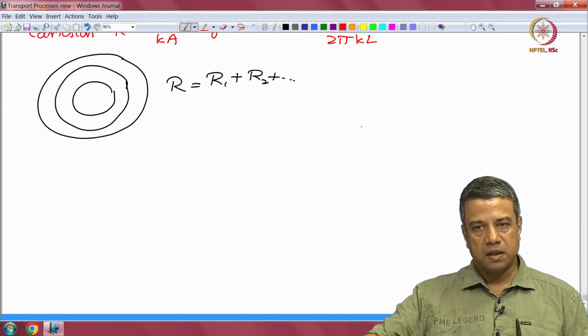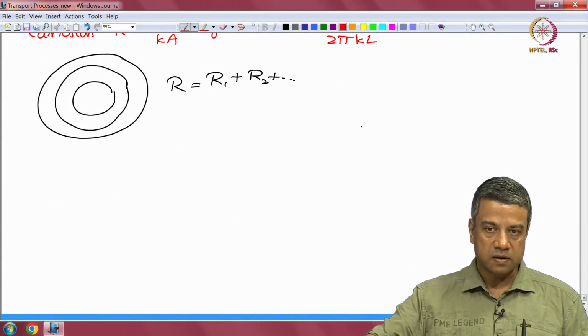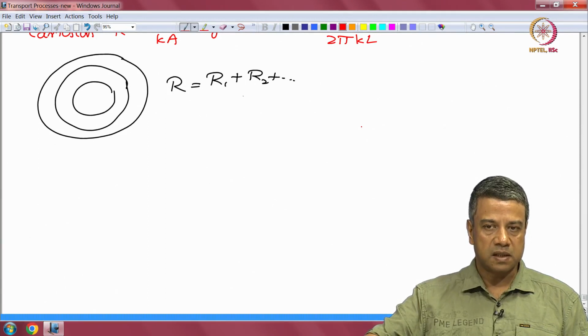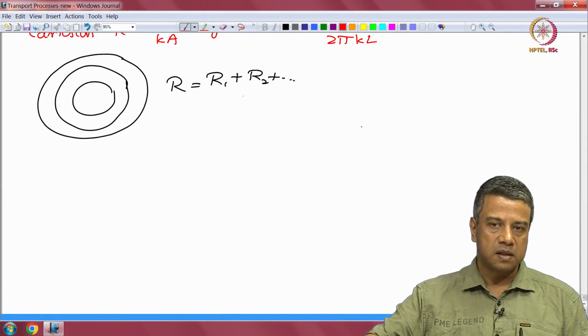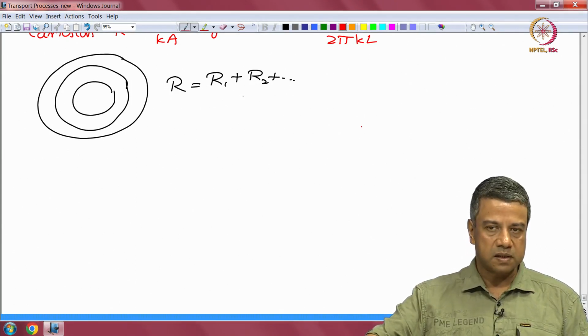In a pipe, for example, the flow is driven by a pressure difference across the two ends. So, that is a mechanism of transport that does not exist for mass and heat transfer. Momentum is a vector, and the velocity can be driven by a pressure difference, the analog of which is not present for mass and heat transfer. So, pressure driven flows is what we will consider in the next class. I will continue this then.